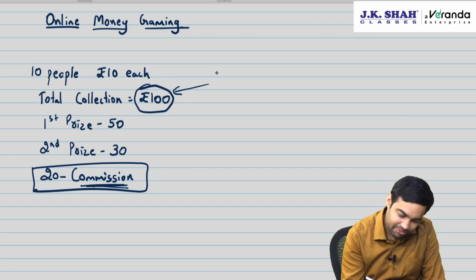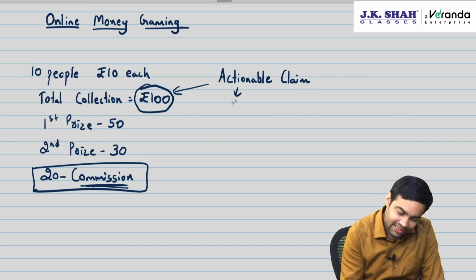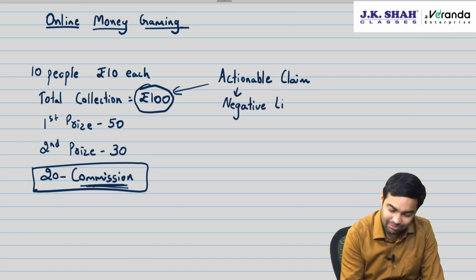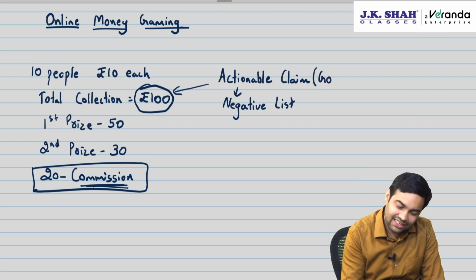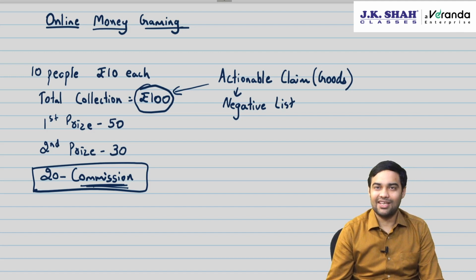The first argument of the gaming companies was this 100 which I have collected is an actionable claim. That is an unsecured debt where a civil suit can be filed. And actionable claim is covered by negative list, and as actionable claim is goods, but it is covered by negative list, and hence there will be no GST applicable.